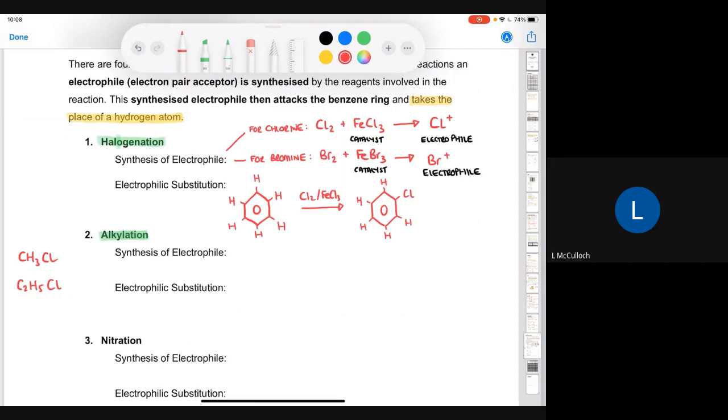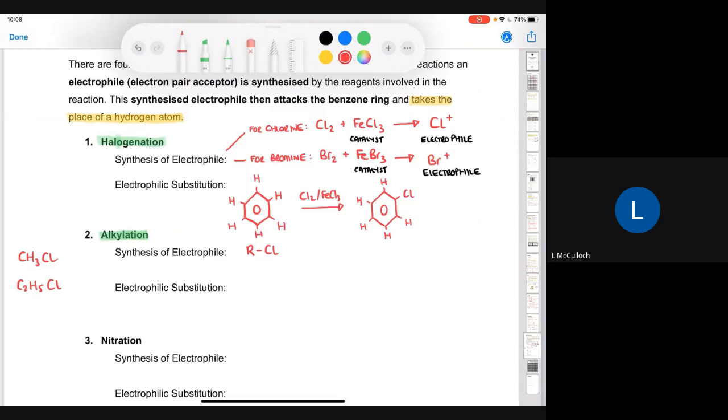Okay, so what I'm going to do for this is use the letter R to represent any alkyl group, because it really doesn't matter which one we're looking at in any general example. Of course, if you're given a specific example, then you would have to know whether you're using chloromethane or chloroethane.